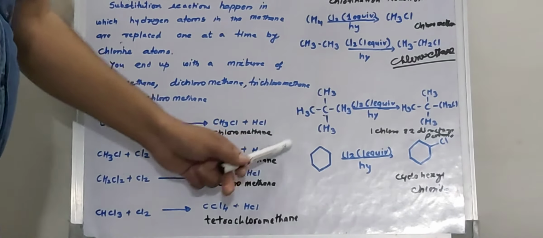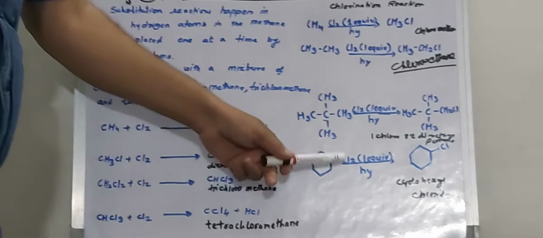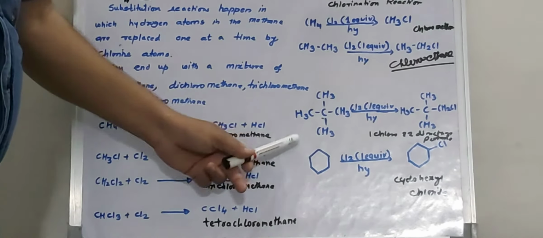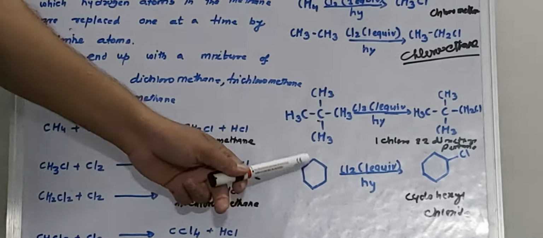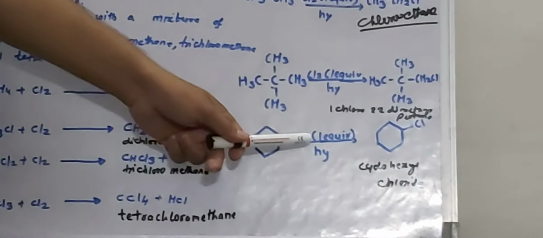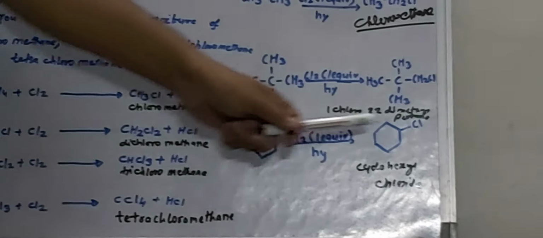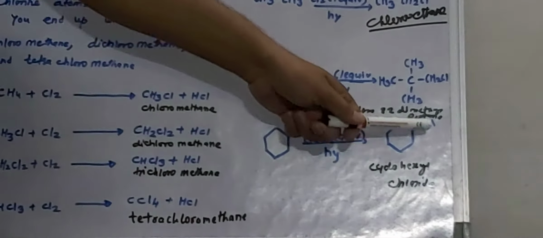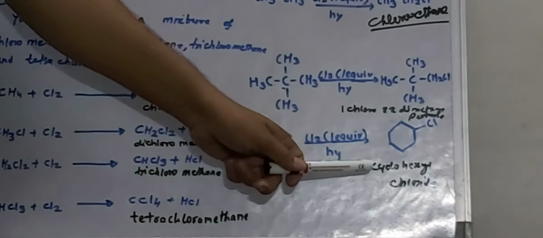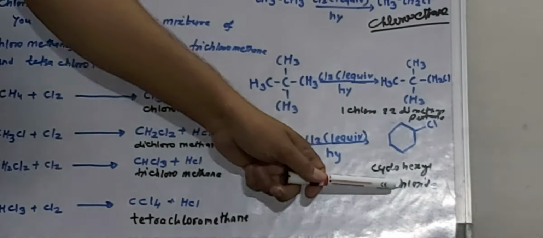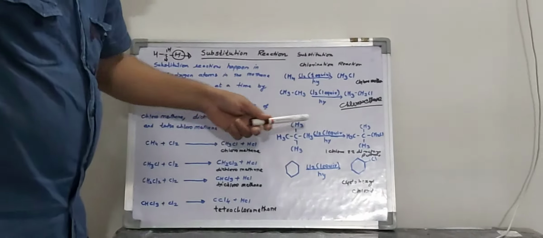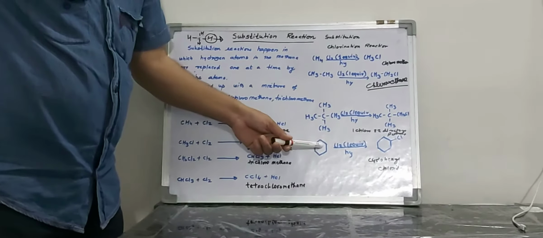Similarly, if we go for the cyclic structure also, that is the cyclohexane structure, we are getting again the same reaction, Cl2 under the UV light, the H is replaced, substituted by the Cl, and we are getting cyclohexyl chloride. So like this the chlorination reaction takes place.